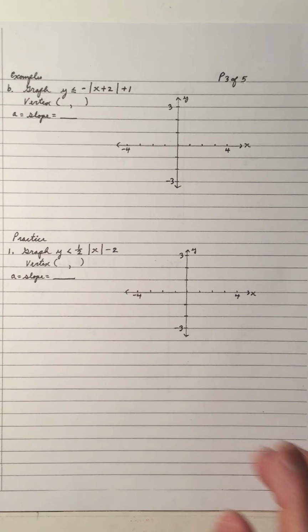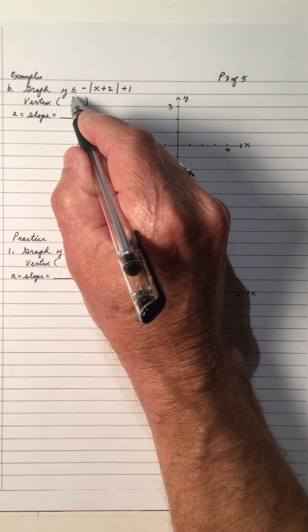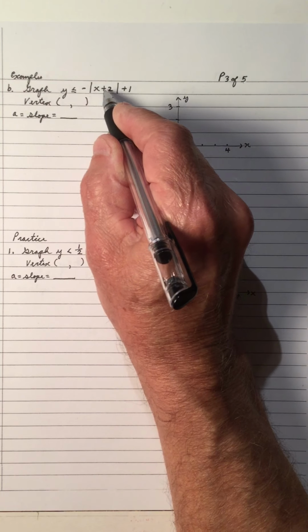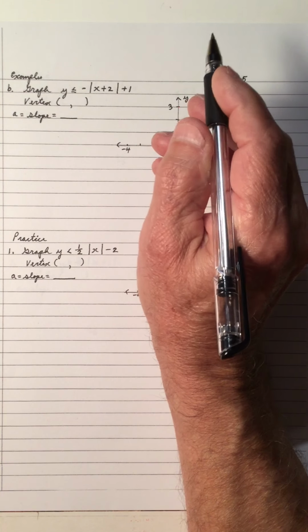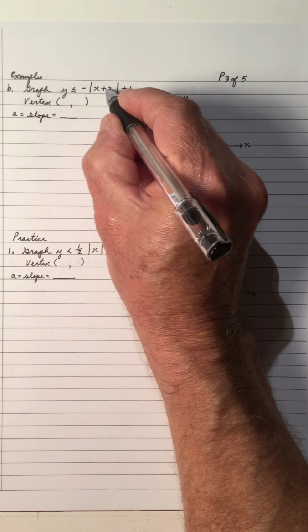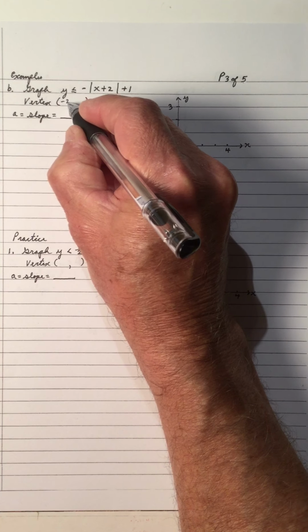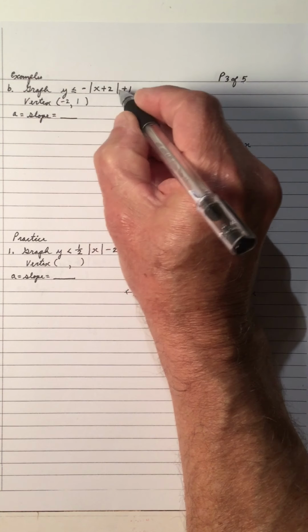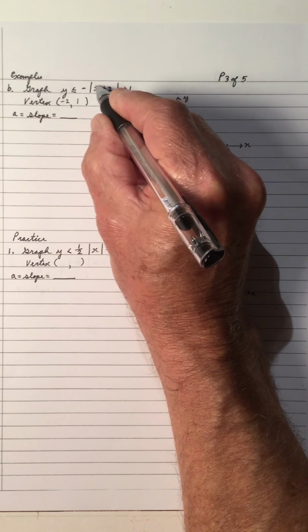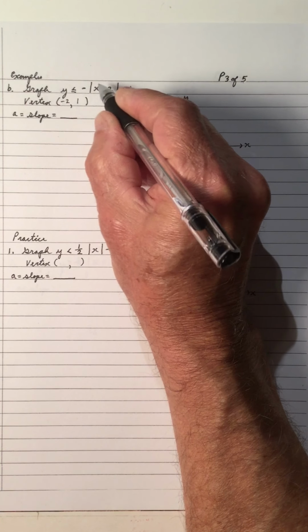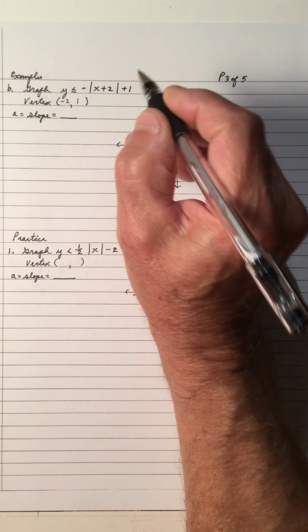We have y is less than or equal to the negative absolute value of x plus 2, plus 1. And the vertex is the opposite of plus 2, which is negative 2, and 1. Remember, when you put a negative 2 in this expression, you get a 0. That makes y 1.